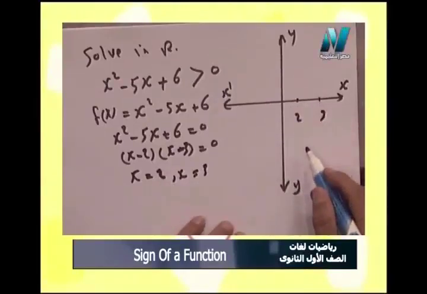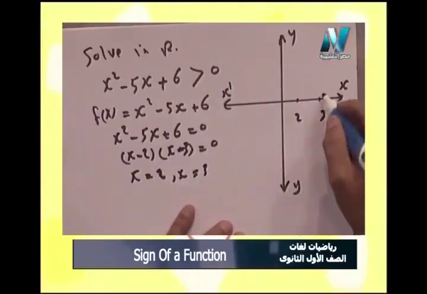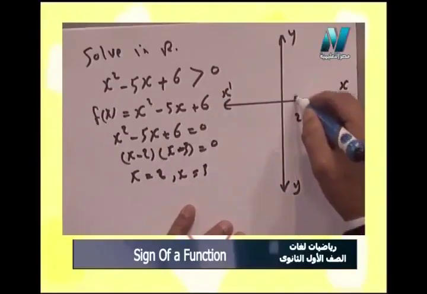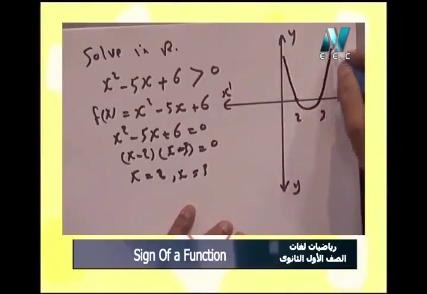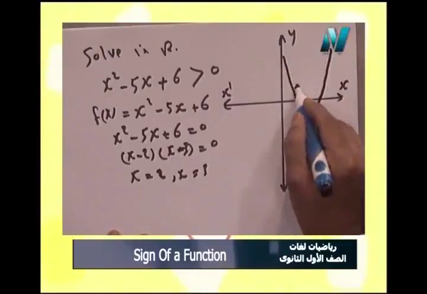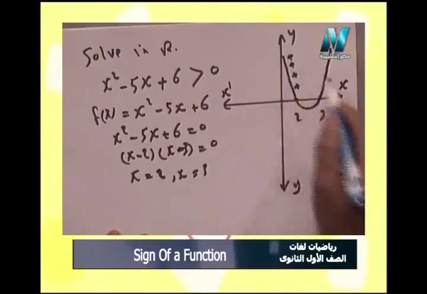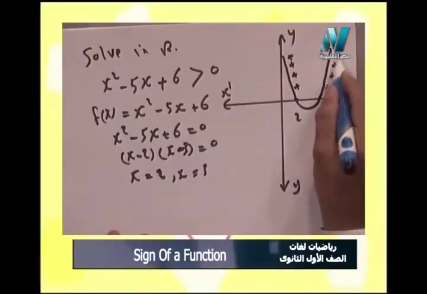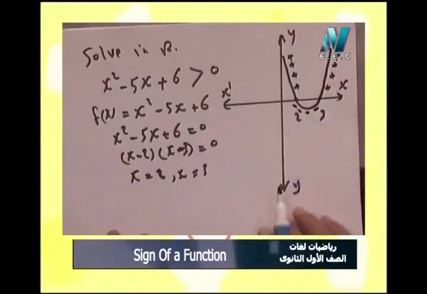And if we would like to graph it, of course, it will be like that. And we have a part here. This part is positive. This part is positive also. But this part is negative, as we said.